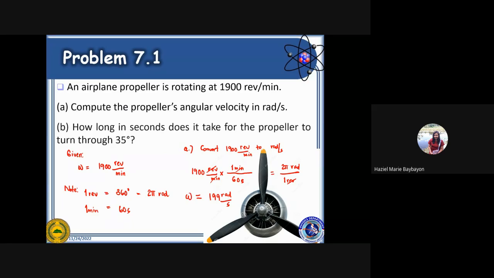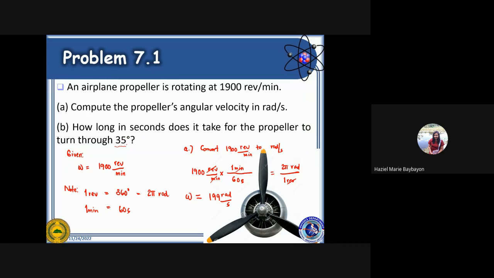Now the next one is to compute the time in seconds it takes for the propeller to turn through 35 degrees. For this, we need to first convert 35 degrees to radians, because what we obtained for omega is in radians per second.